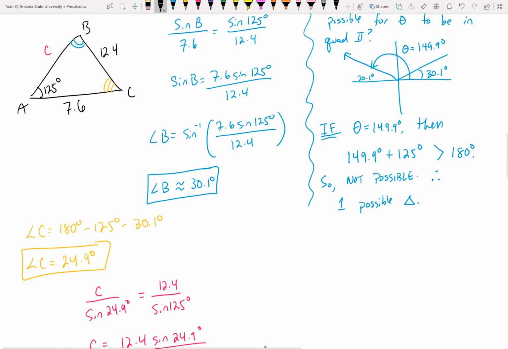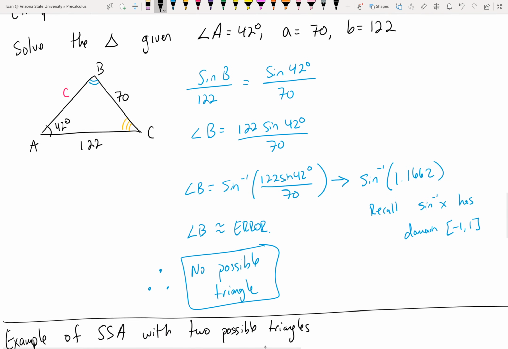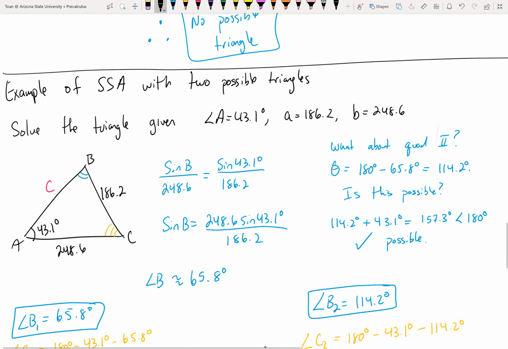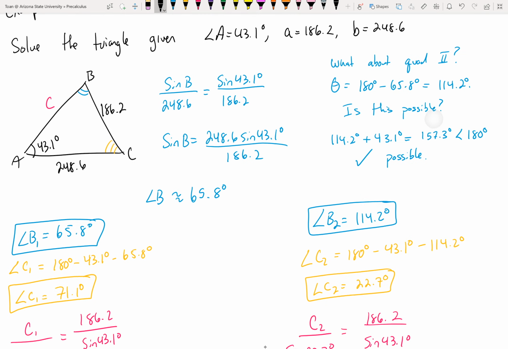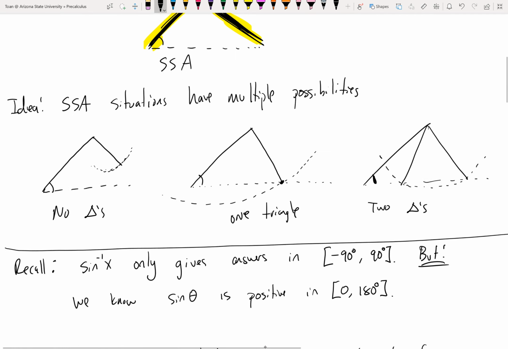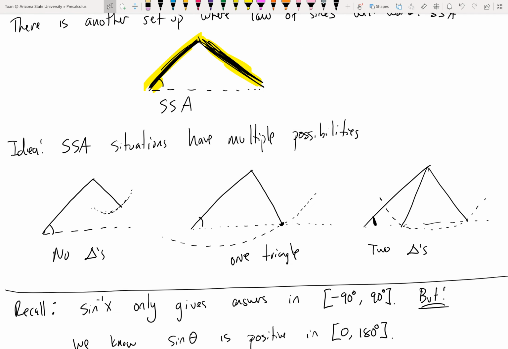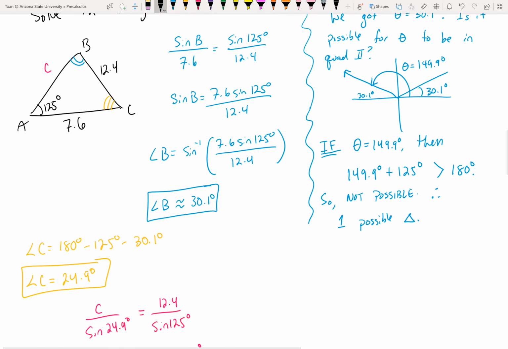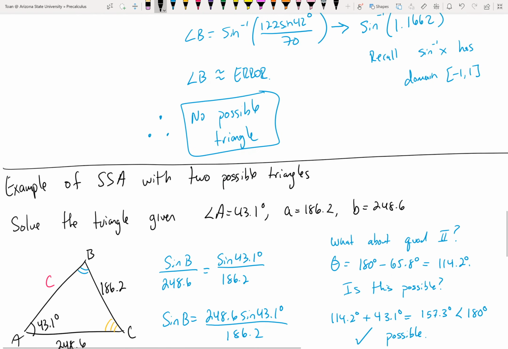You could have one possible triangle, you could have no possible triangle, or you can have two possible triangles. And it all stems from the fact that in a side-side-angle case, depending on the length of that opposite side and how you swing it, you could have no triangles, you could have exactly one triangle, or maybe it's possible to have two triangles. Right? So there we go. That is the ambiguous case.